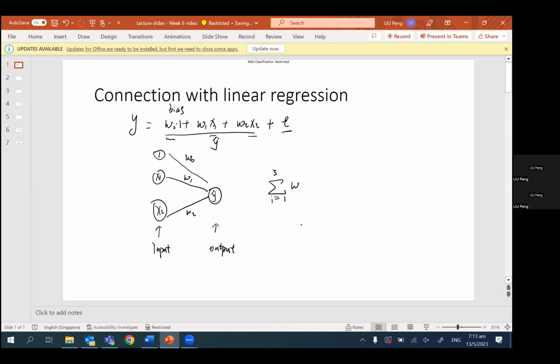What is the linear combination? It is wi times xi: for each predictor, we multiply the corresponding weight w and then add them together. This is called a linear combination, which is the same thing as writing y hat equals this result, and it is essentially a linear regression model.